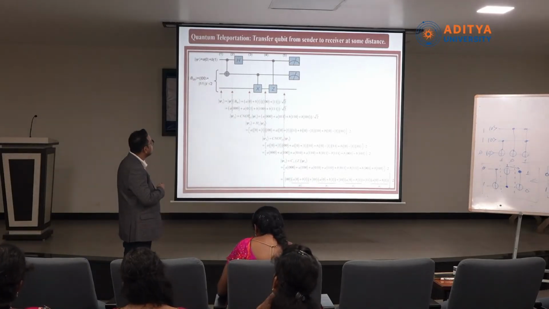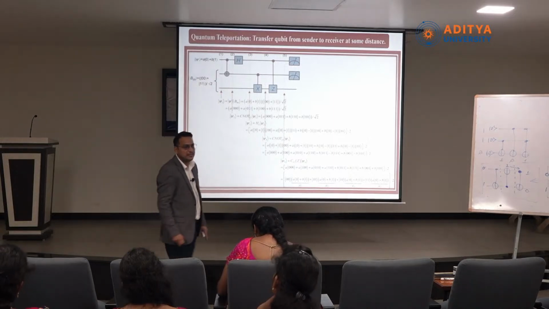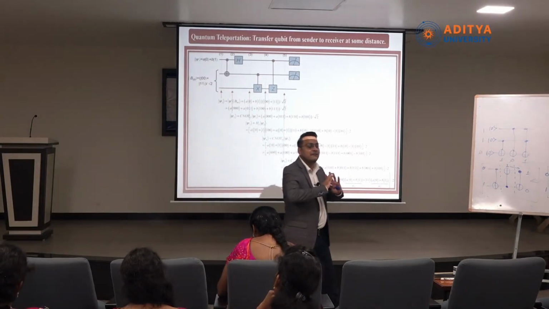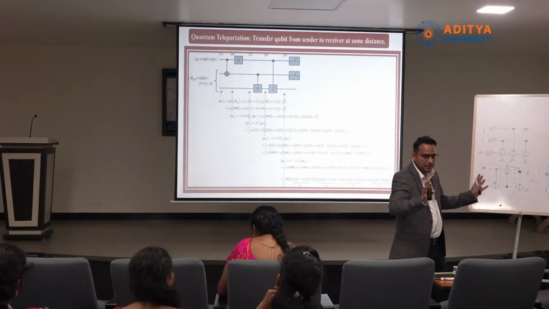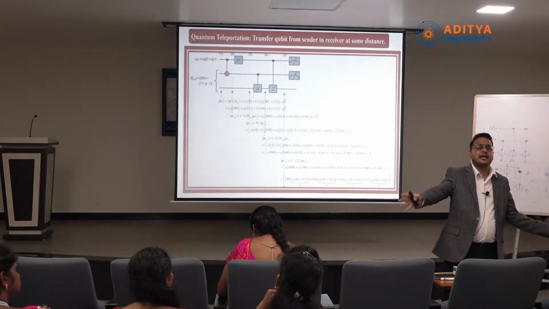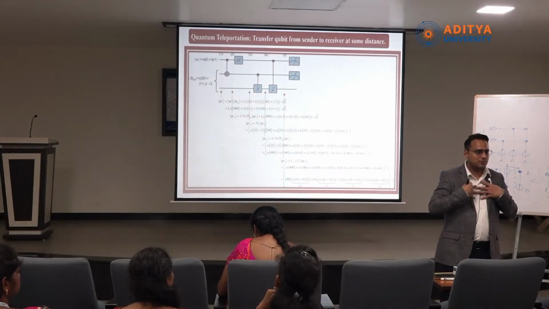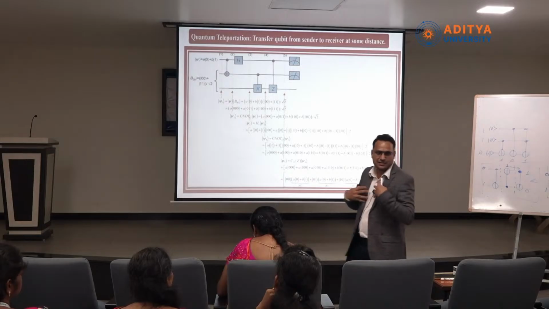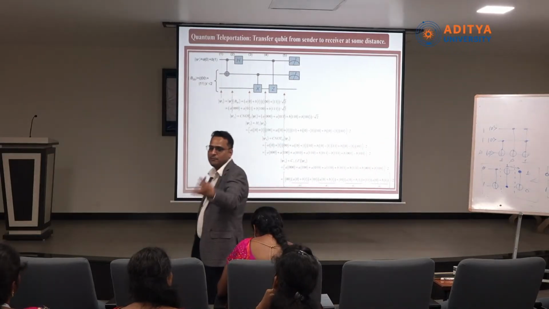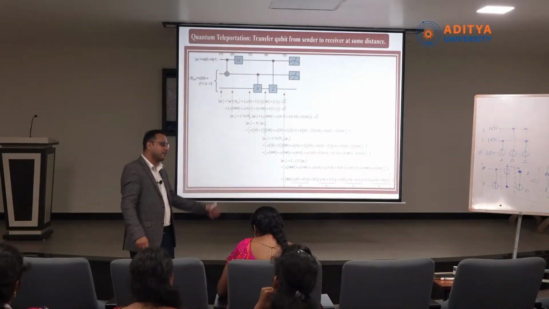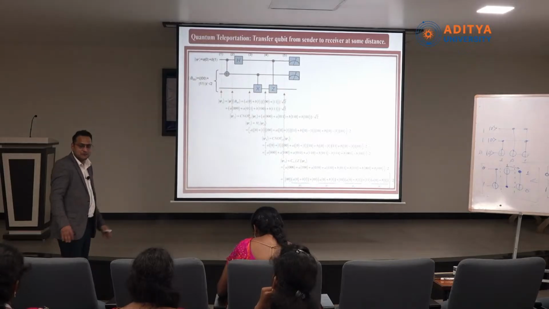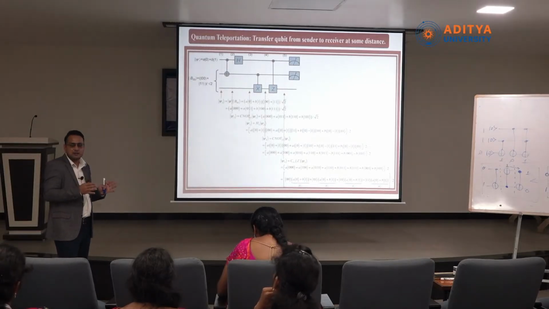B00 means 00 plus 11 by root 2, which means they do not have complemented entanglement. They have likely entanglement, meaning whatever is in my mind, the same should be reflected in your mind. This is the kind of entanglement we are creating. Clear? So first we have made the entanglement between the sender and the receiver.